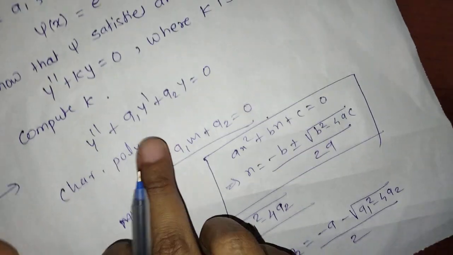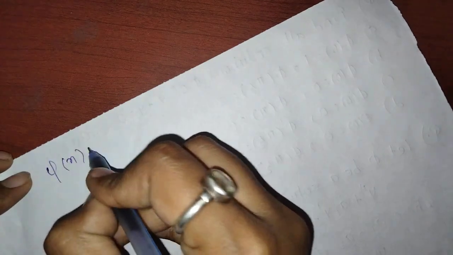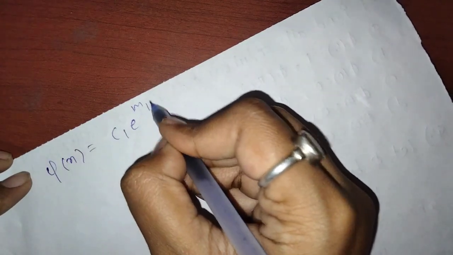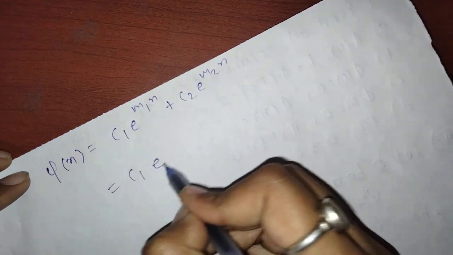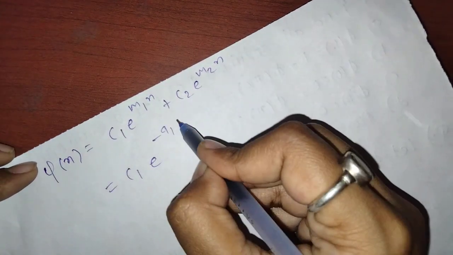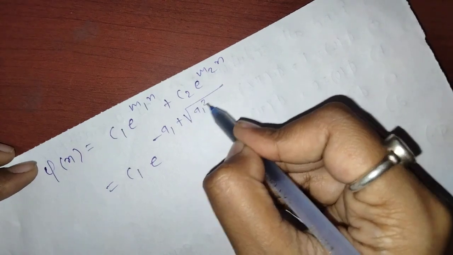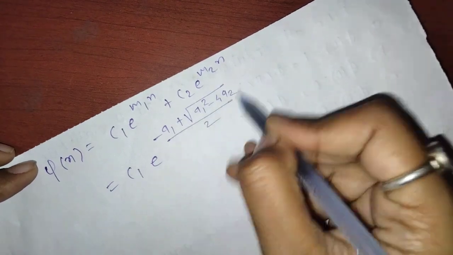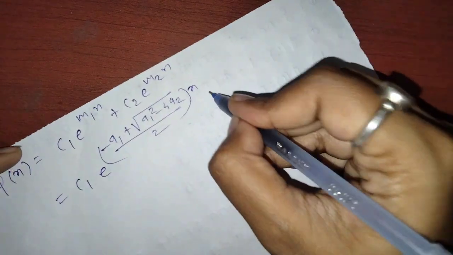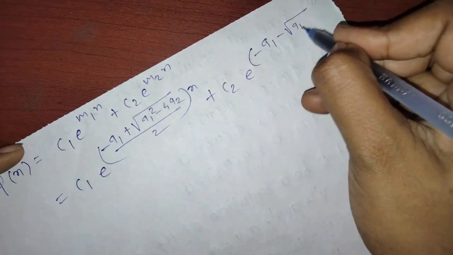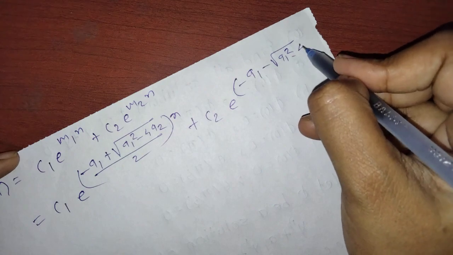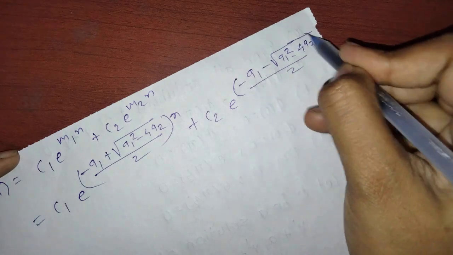So the solution of this differential equation is of the form phi of x is equal to c1 e raised to m1x plus c2 e raised to m2x, where m1 is minus a1 plus under root a1 square minus 4a2 upon 2 into x, plus c2 e raised to minus a1 minus under root a1 square minus 4a2 upon 2 into x.